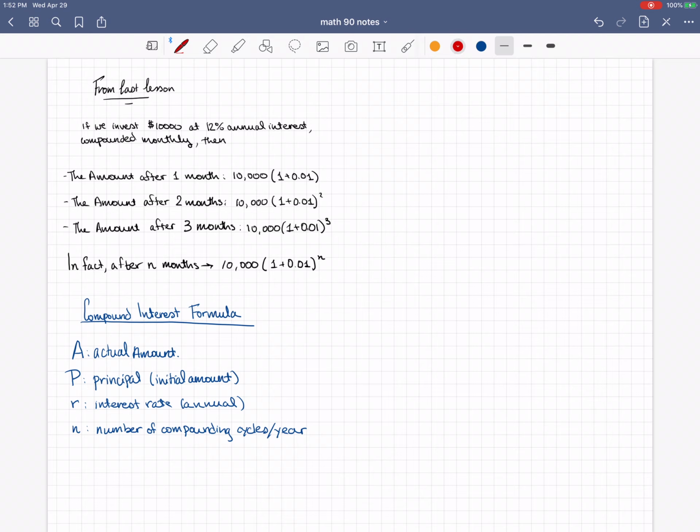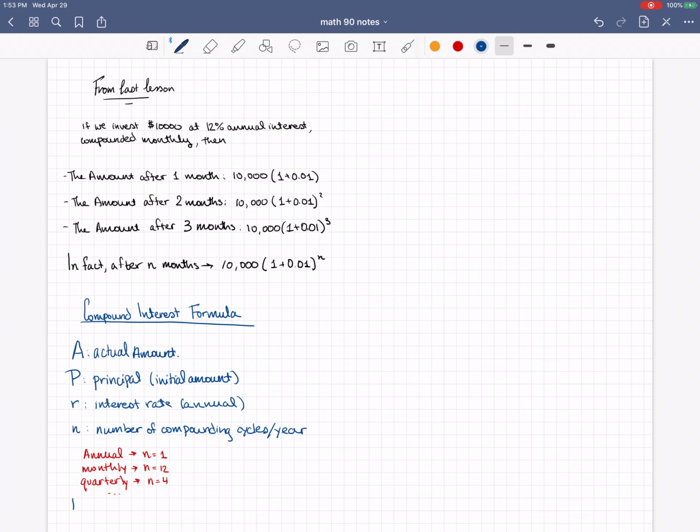So, for example, annual compounding would mean that n is 1. Monthly compounding would mean that n is 12. Quarterly compounding would mean that n is 4, and so on, right? So n is the number of compounding cycles per year.